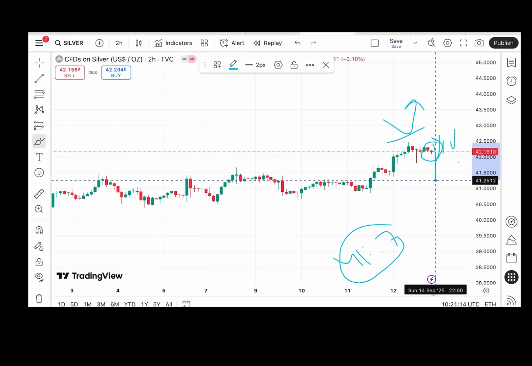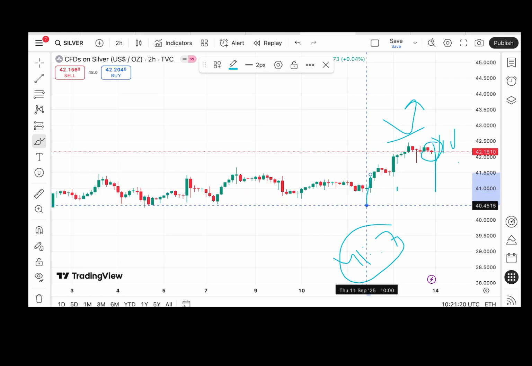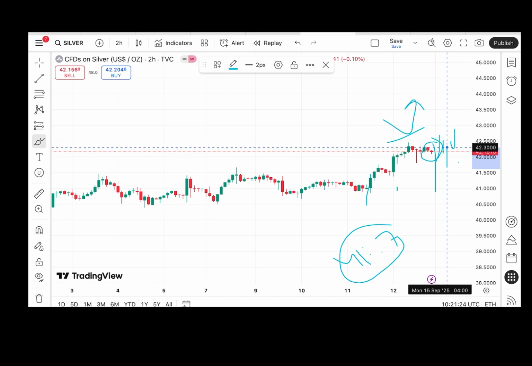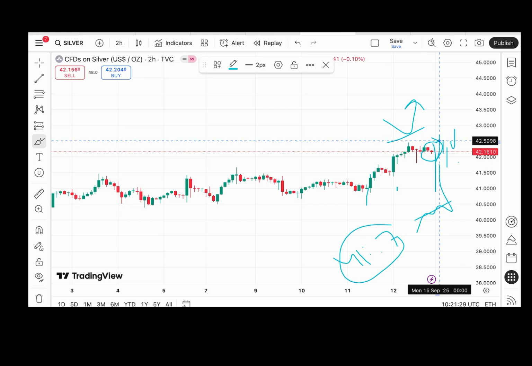If the price falls below this level, a further fall can be seen, and it can go below a level of around 40.9, and then a further fall can be seen towards 40.4. You have to understand the next resistance is coming at a level of $42.3, which is already weak, so the price can rise and touch its high of around 42.5.